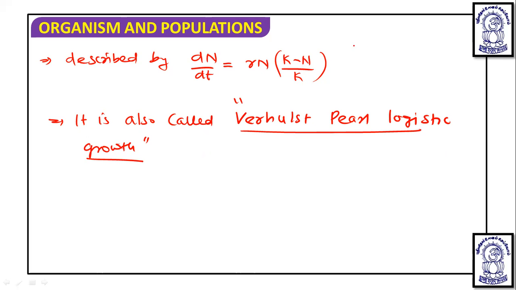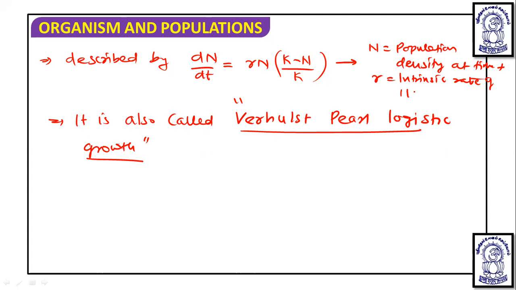Here we remember that N is the population density at time t, r is the intrinsic rate of natural increase, and K is the carrying capacity.